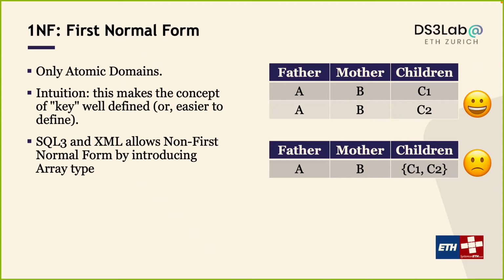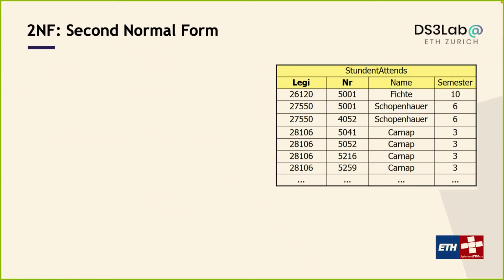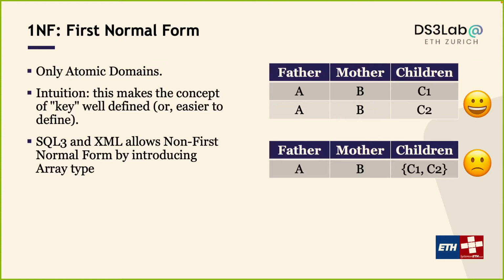And in practice, it is often the case that this might be something you actually want to do. But in this lecture, we assume that first normal form is something that we actually like. So this is a simple one. It has nothing to do with data redundancy. It's just to make sure we have a well-defined notion of keys.